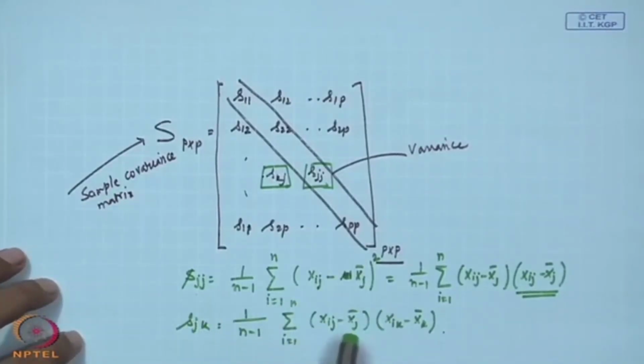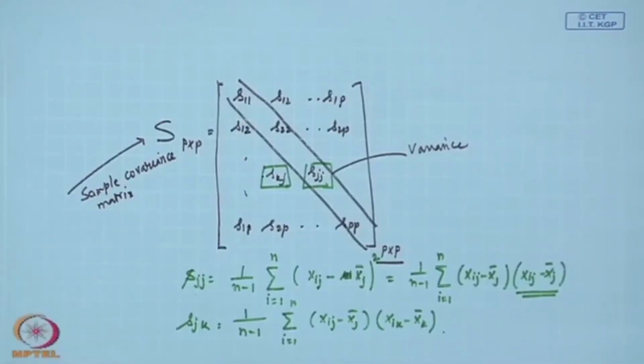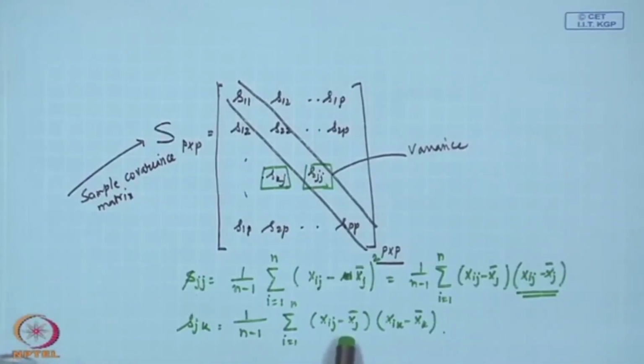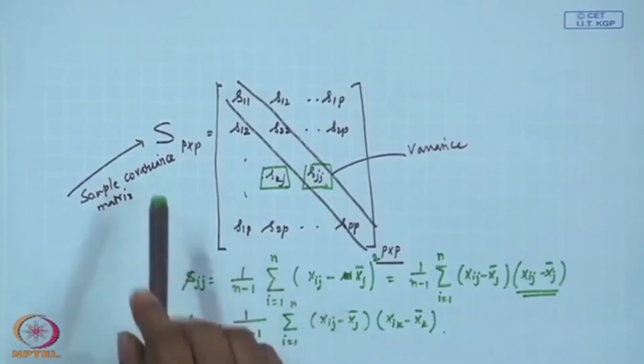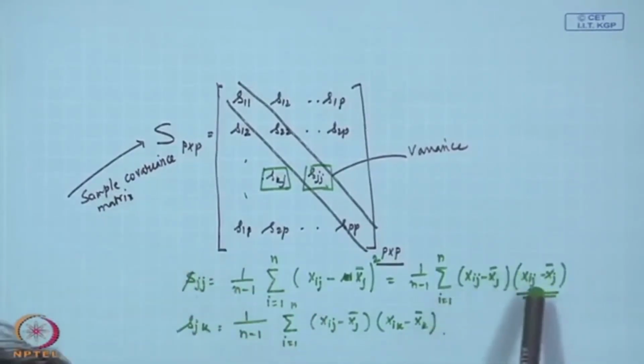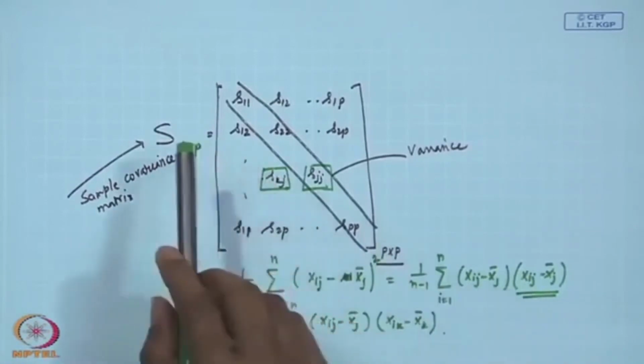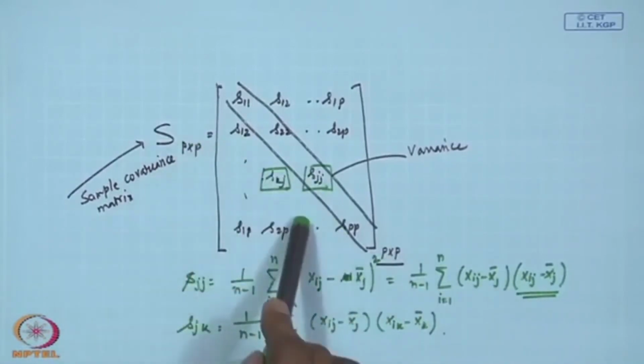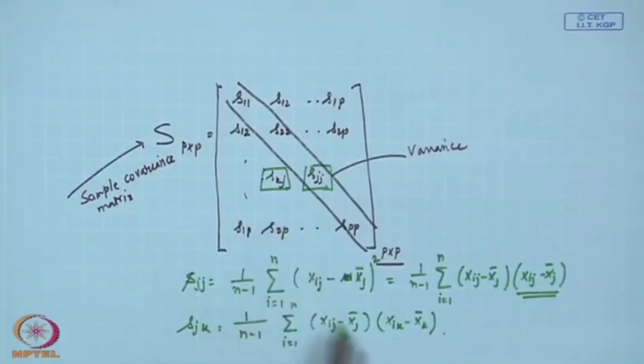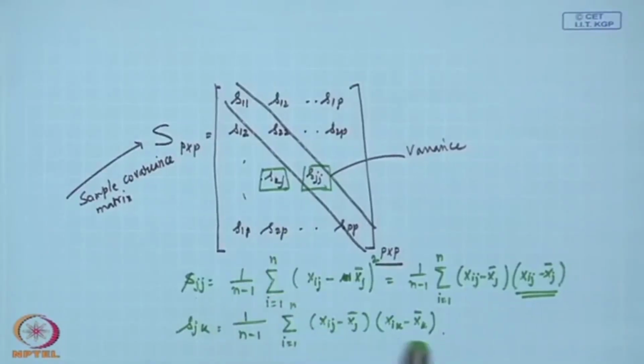What is happening here? Actually, if you see in the covariance case or the variance case, the original data matrix is transformed.